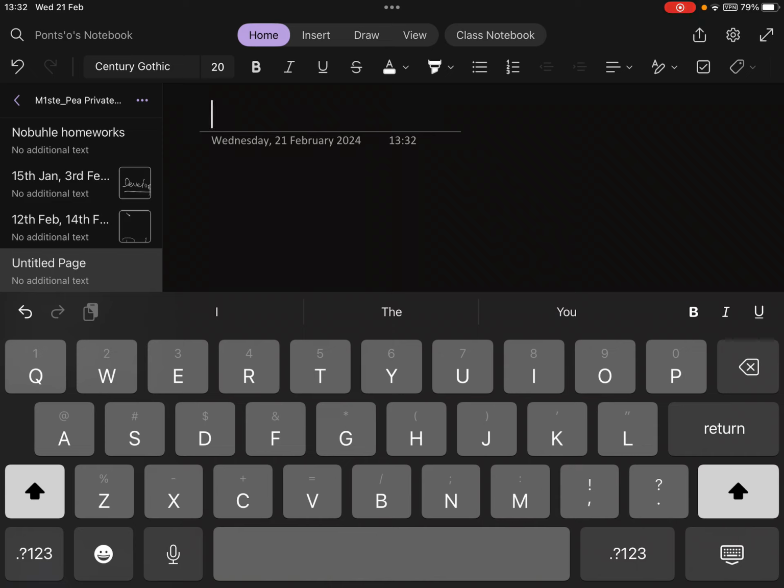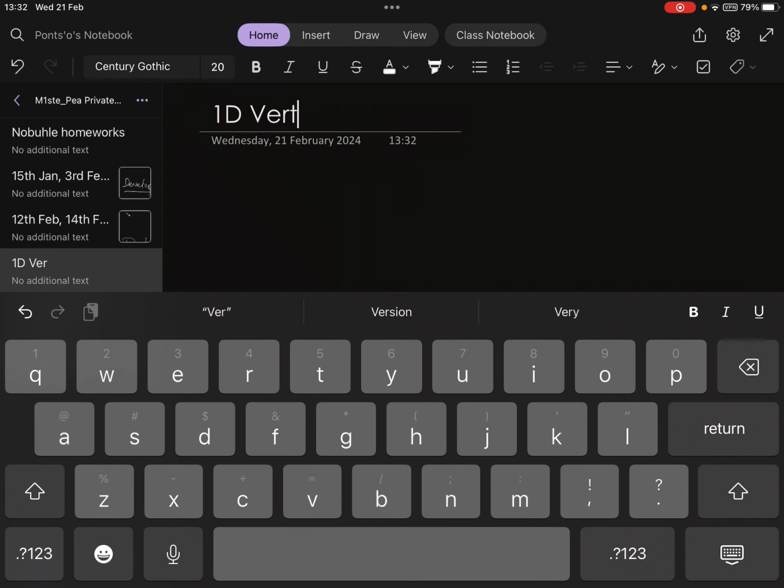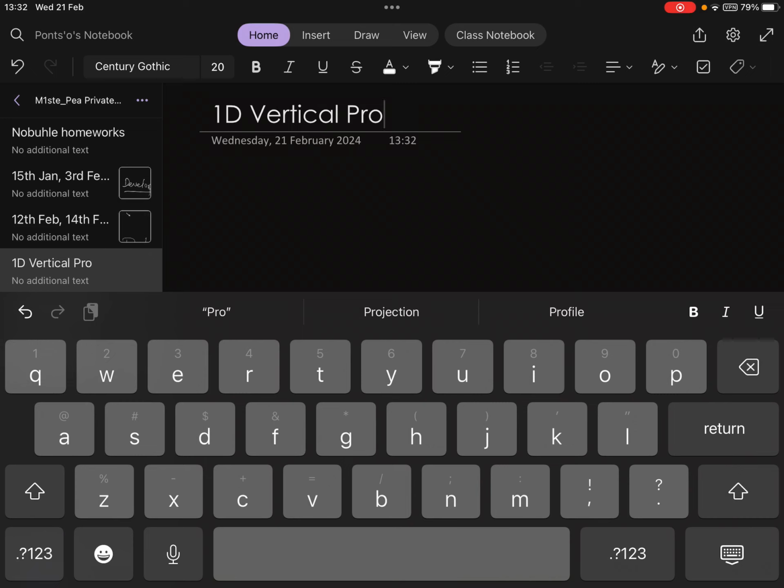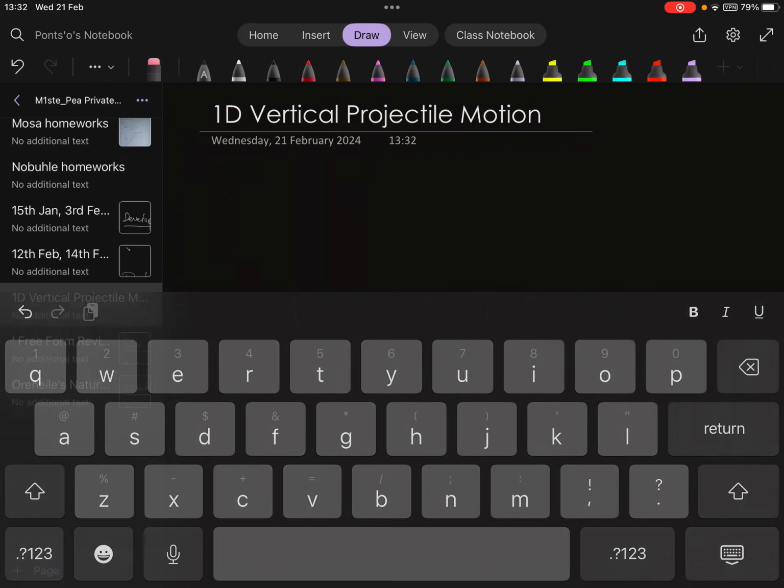That's how. What's the name of that chapter again? Vertical projectile. Vertical projectile in one dimension. Yeah, so 1D vertical projectile motion.